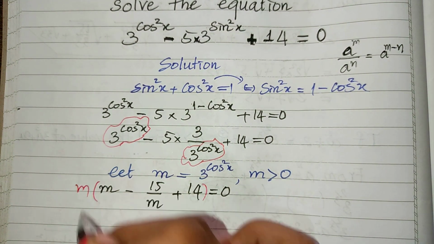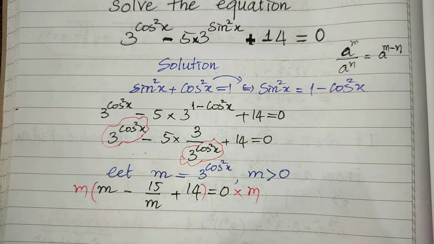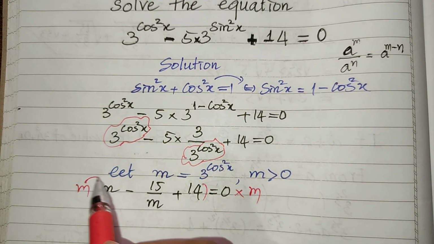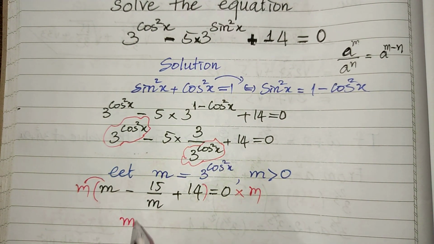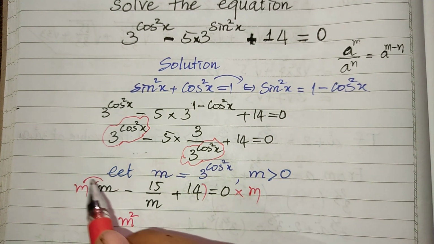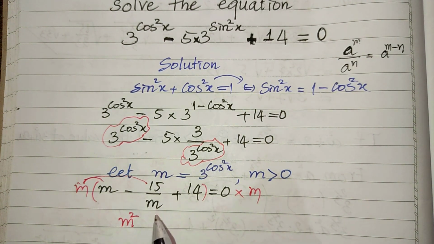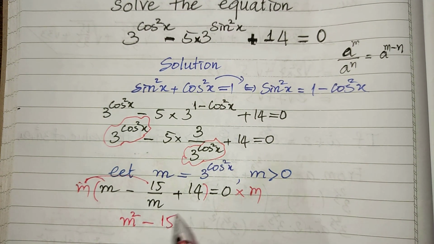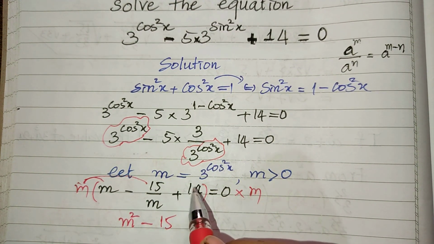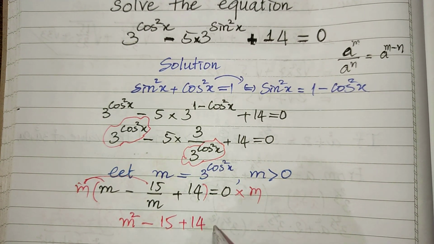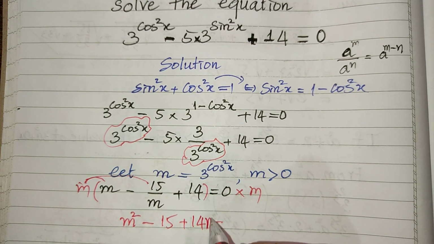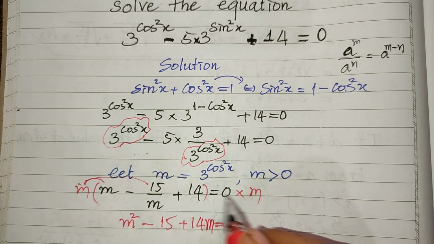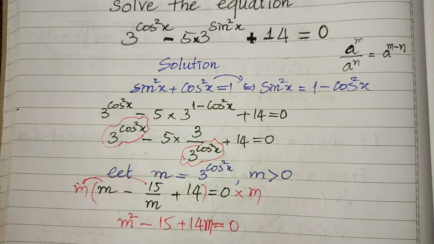Multiply each term by m. We get m squared, minus 15, plus 14m equals 0.